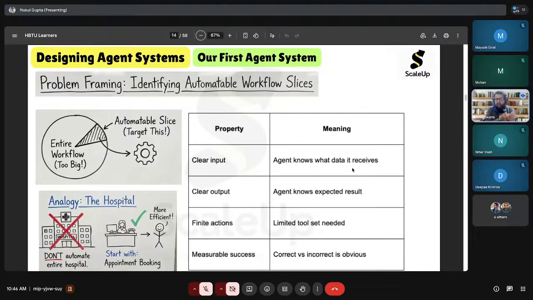One small thing I accomplished, then I can look for more workflows. So this is the idea: a small scope, an automatable workflow, a slice of it, I automated it, and then another slice, like that. I can keep on automating the entire thing. So that's the mindset we should have while building agentic AI applications.